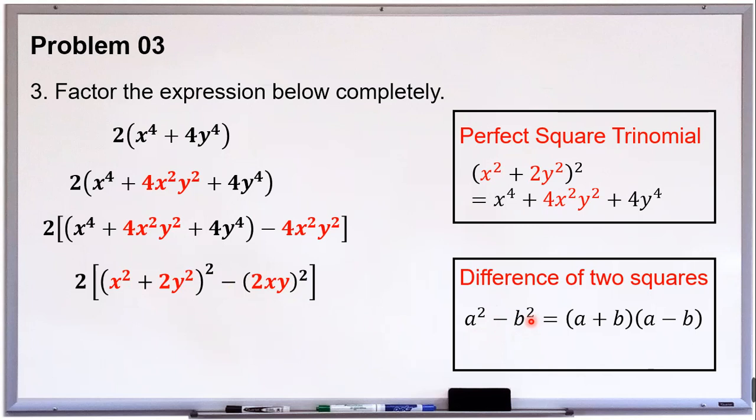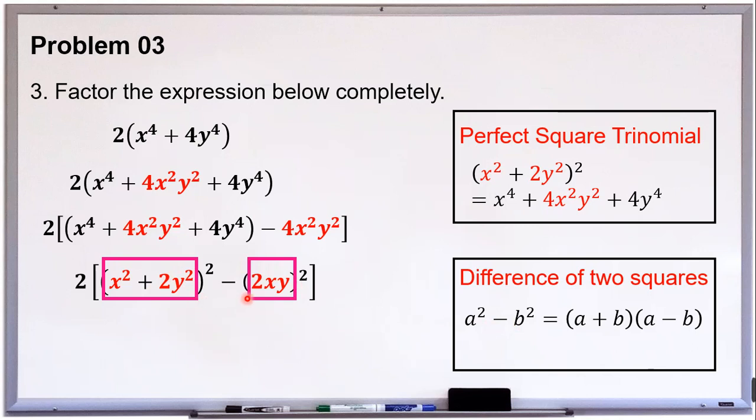So the factors of the difference of two squares are the sum of the two expressions and the difference of the two expressions. So we're going to let a equal to this expression x squared plus 2y squared, and we let b equal to this expression 2xy.